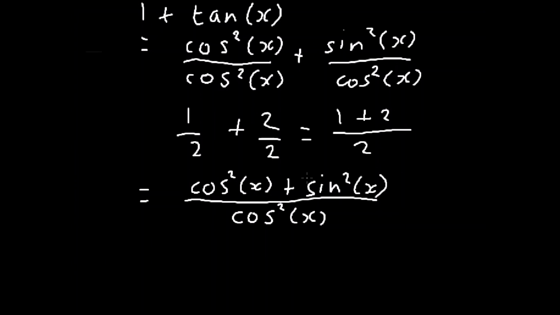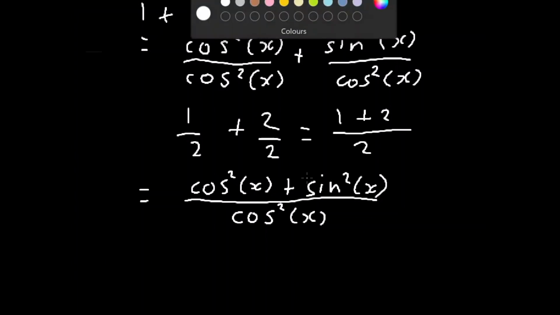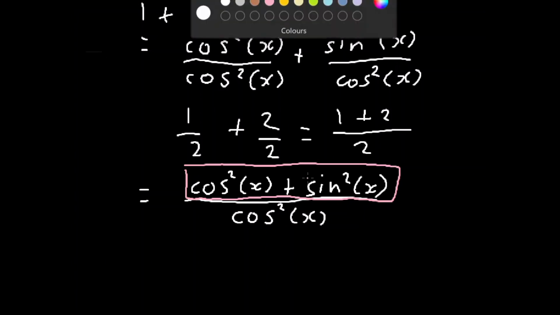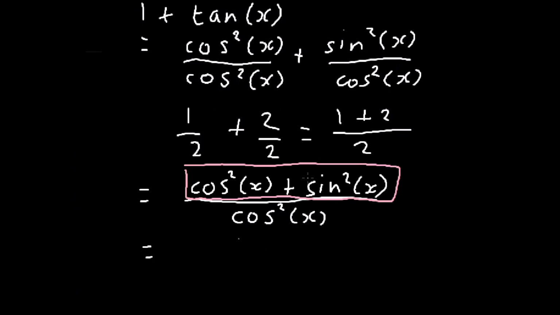Now, here's the trick. This is equal to 1, this whole thing here in pink. This is a trig identity. So it's, I believe, it's in your formula sheet. So if you go down, nope, not in your formula sheet, but in this case here, it will be equal to 1. So this will be given as a hint in the question. So this will all be equal to 1 on cos squared x, which is like saying cos minus 2x.